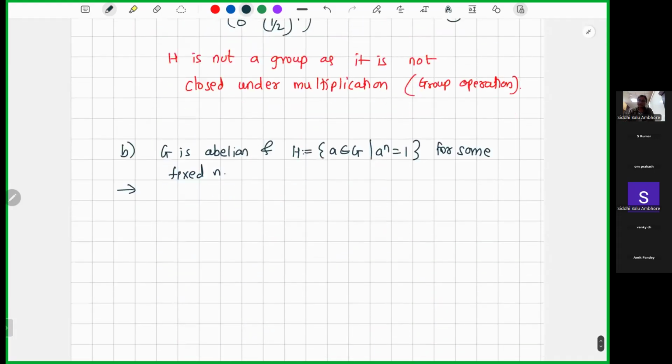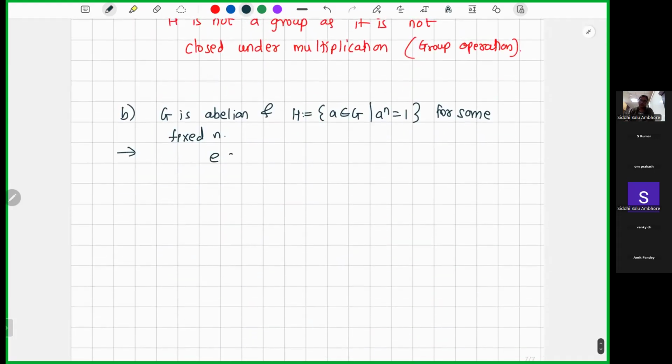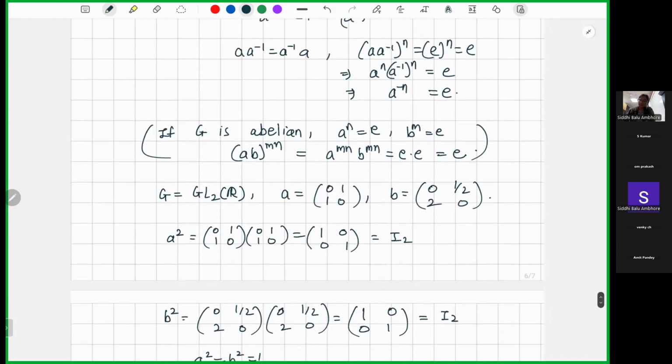The identity will be there because n is fixed. So E power n is anyway E, so E belongs to H. Second, if A belongs to H such that A power n is E, then A inverse power n is also E. Similar argument as we did here.